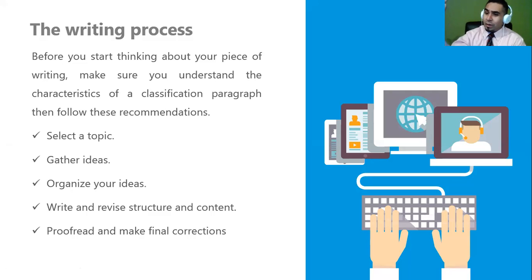Once you have finished writing your paragraph, reread it, okay? Reread it and see if you have to make any necessary changes. And last, proofread and make final corrections. Once you reread your passage and you find a mistake, you make the necessary corrections, okay?